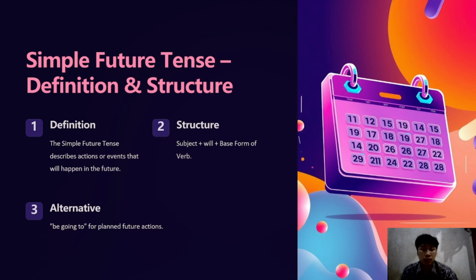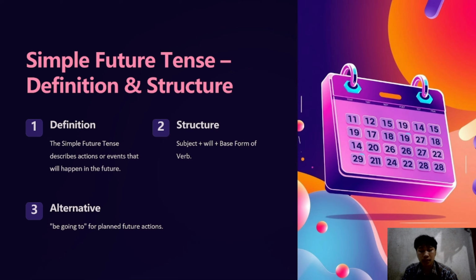Anytime you want to share your plans, make a prediction, or discuss something upcoming, the simple future is the right choice. The structure is simple. We use will followed by the base form of the verb. So we say I will go, she will study, and they will help.